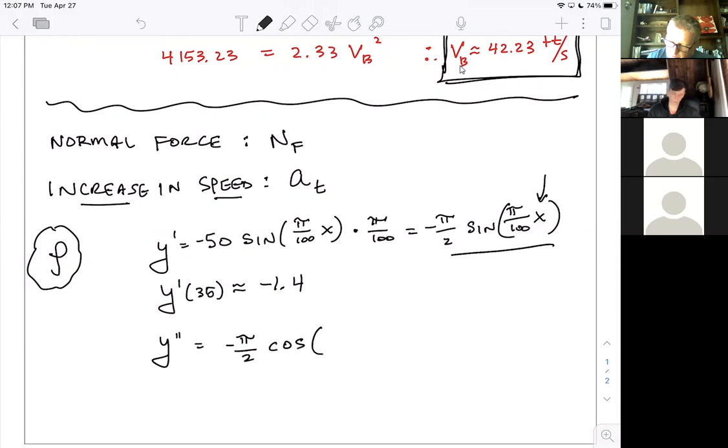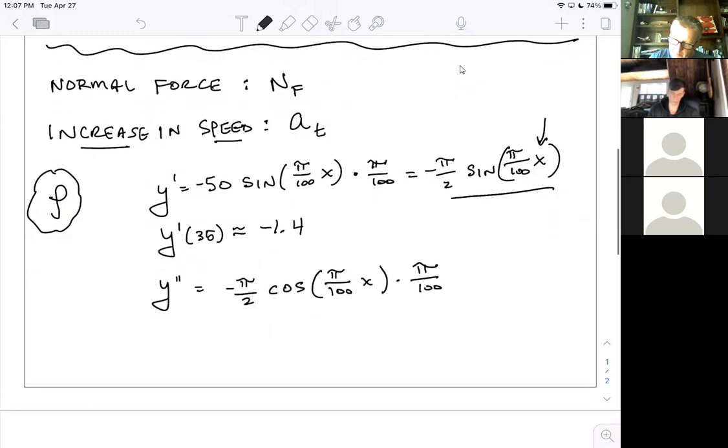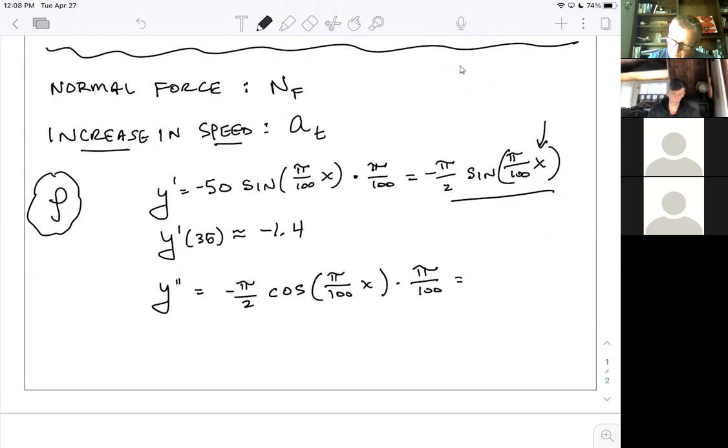The junk stays unchanged, but again, I've got to multiply by the derivative of the junk yet again, so another pi over 100. If I simplify it out, that's negative pi squared over 200 cosine of pi over 100x.